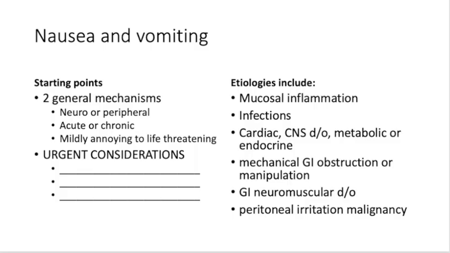Urgent considerations when we're talking about nausea and vomiting would occur if there are concerns for more serious etiologies. Definitely, if there is a concern for GI obstruction, or a neuromuscular issue, or even a CNS issue that is creating the nausea and vomiting, and that would be elicited by your patient presentation.